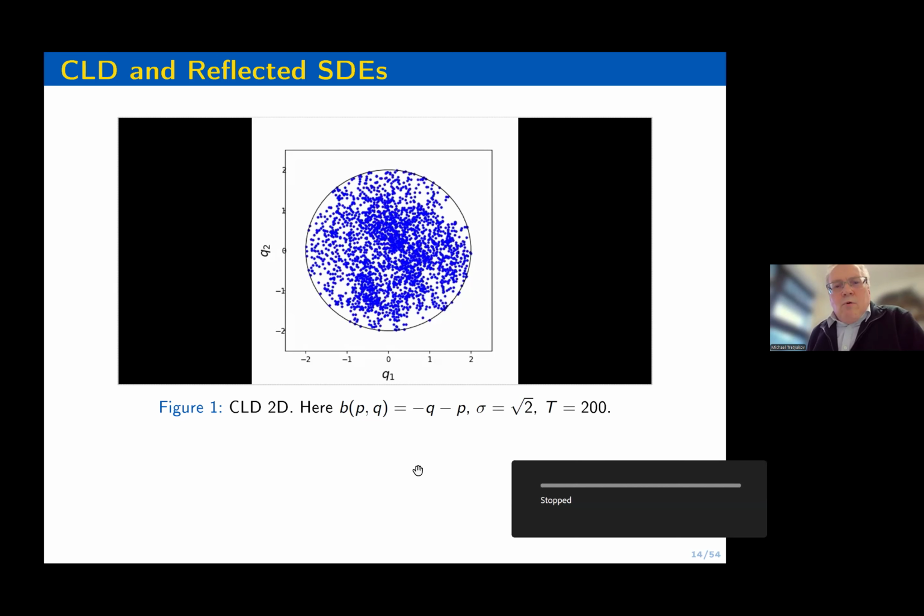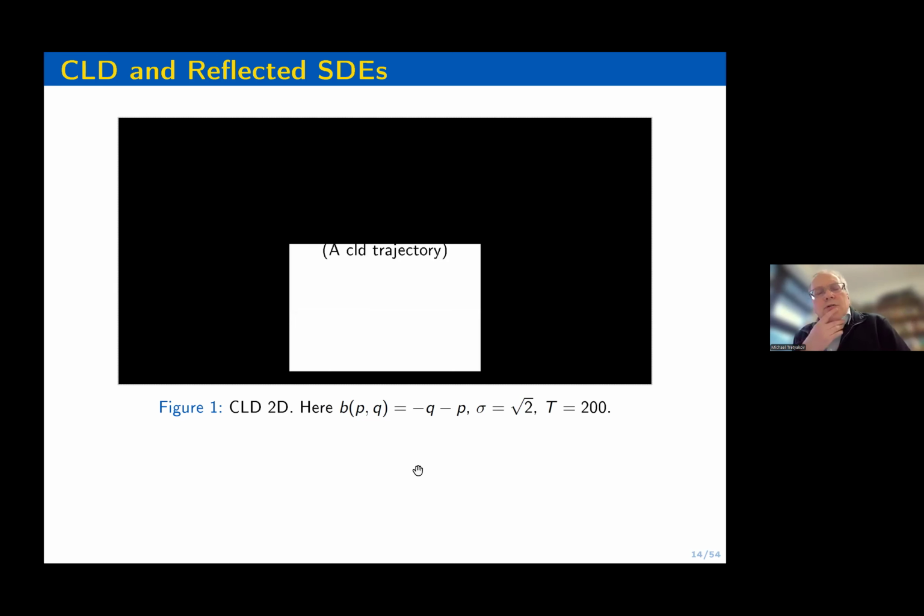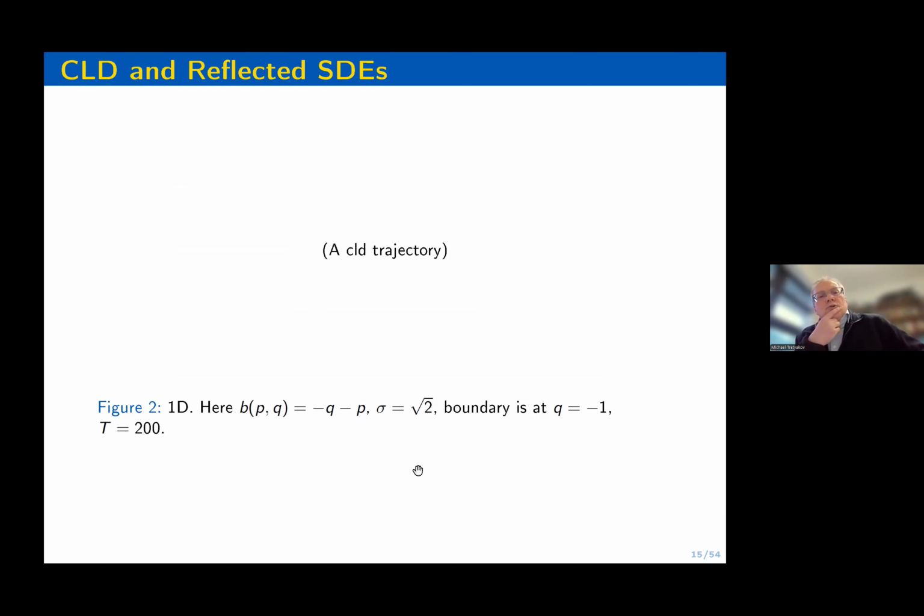What is probably more interesting is the next video, which relates to one degree of freedom. And here I can plot then the phase portrait. On the x-axis, we have position Q. On the y-axis, we have momentum P. And the domain is a semi-line with boundary at minus 1.